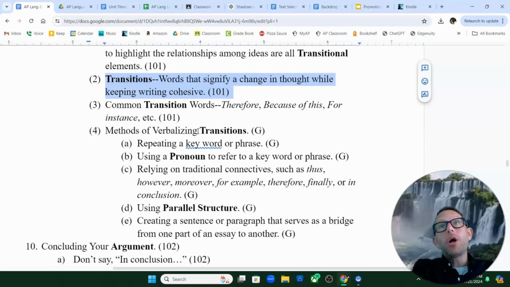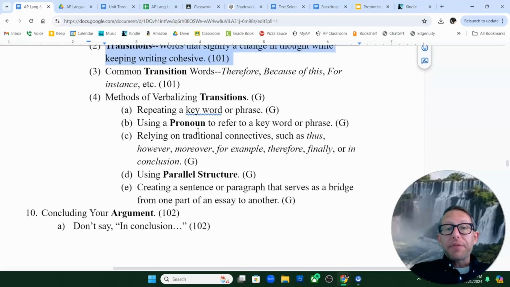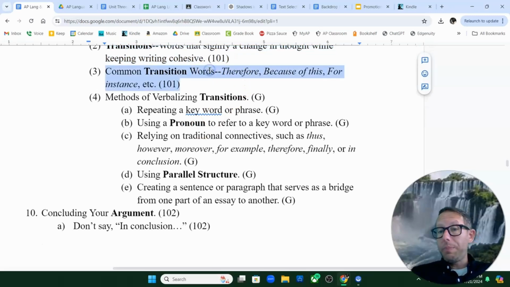One piece of commentary on one piece of evidence to another piece of commentary on the same piece of evidence. It doesn't matter, okay? Don't forget about those common transition words that we may often use as well. Therefore, because of this, for instance, and of course there's a whole helping more. I'm sure if you Googled them or typed transition words into AI, they could give you a lot more options than that. But keep in mind that they're your friend, okay?